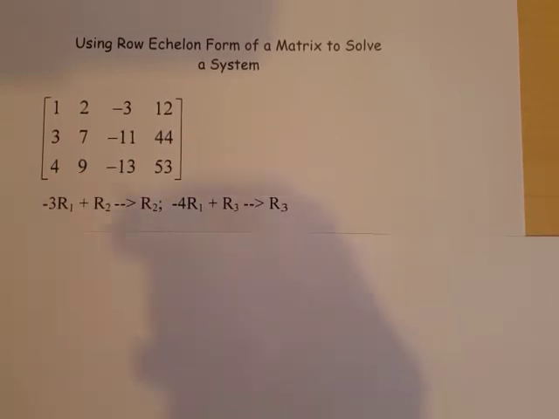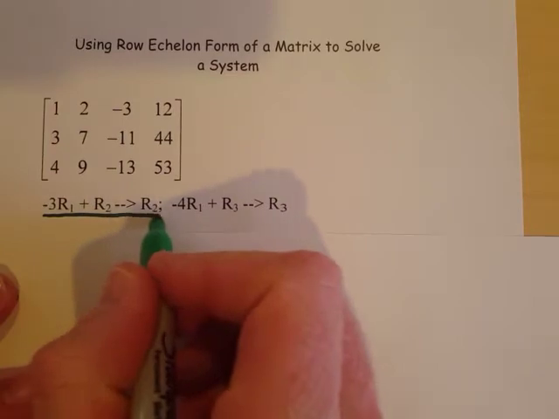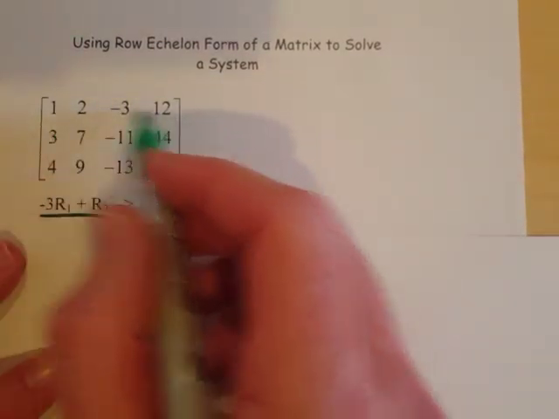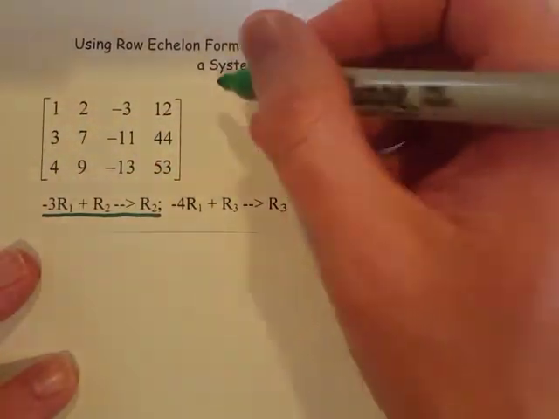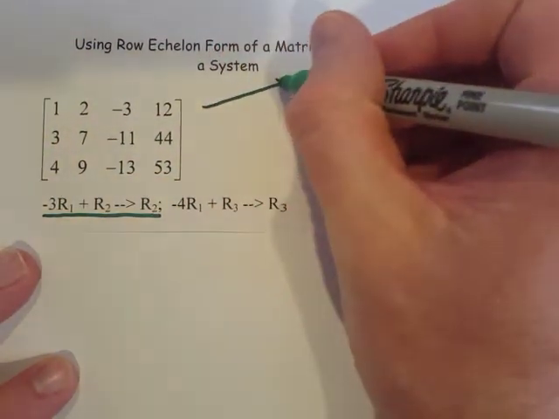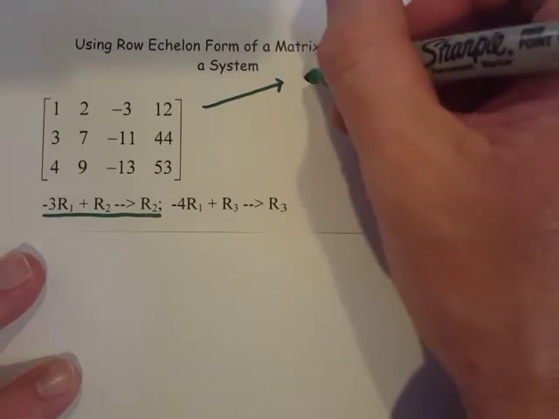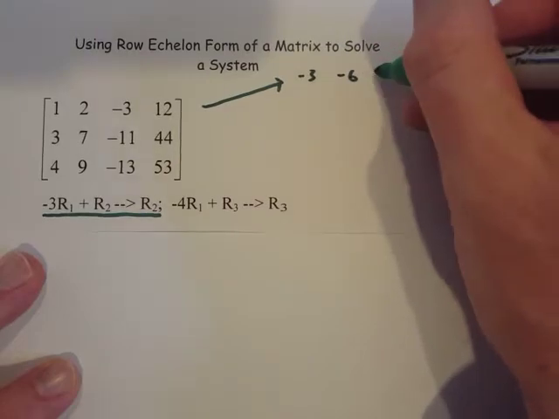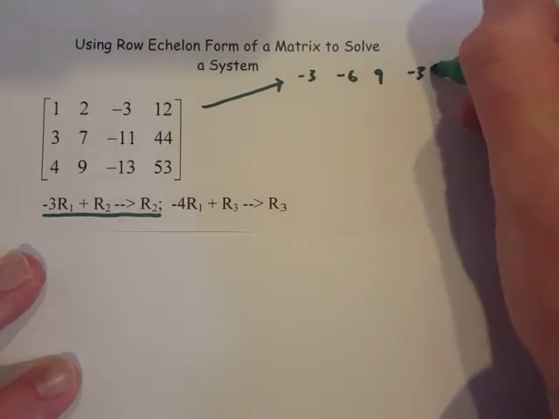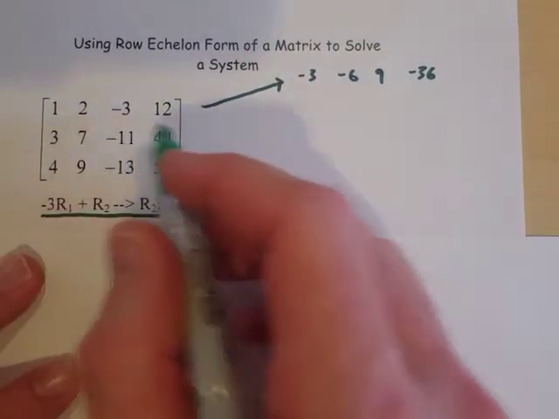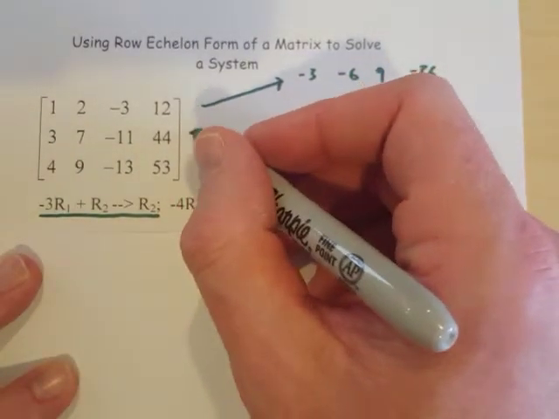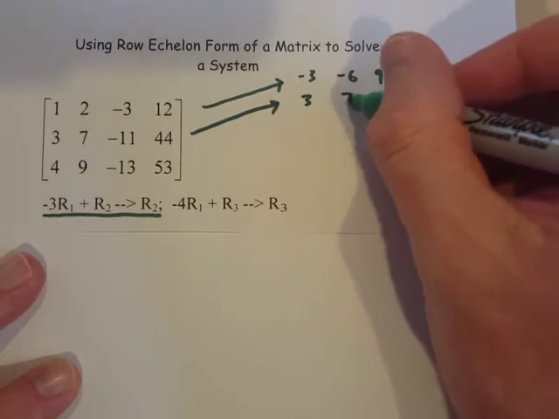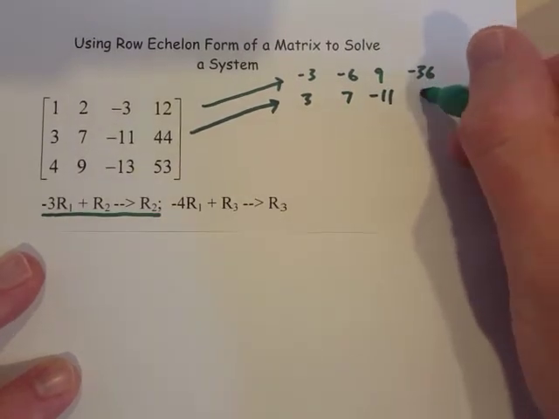We're going to start with -3 row 1 plus row 2 is a new row 2 because I want to eliminate this 3, multiply this row by -3. So that is going to come up here. Alright, so we have then -3, -6, 9, and -36, just multiplying all these by -3, and then we're going to bring this one up beside it, 3, 7, -11, and 44.